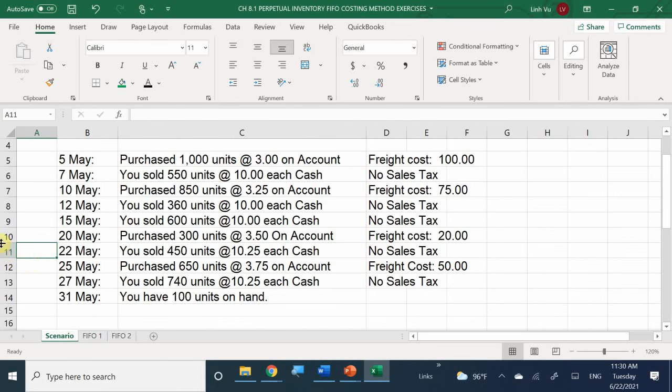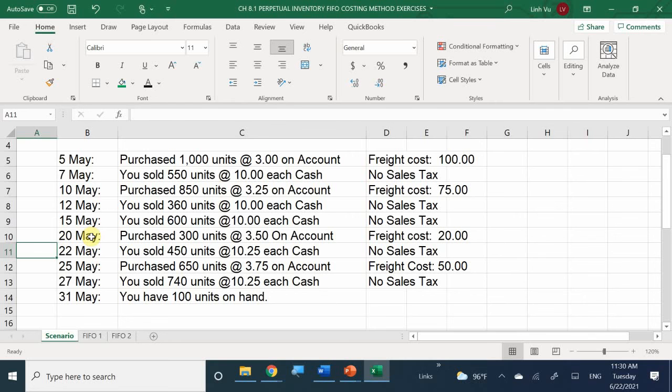Okay. So then on May 20th, what happened here? You said May 20th, correct? Yes, May 20th. Okay, so we purchased 300 units at $3.50 on account, freight cost $20.